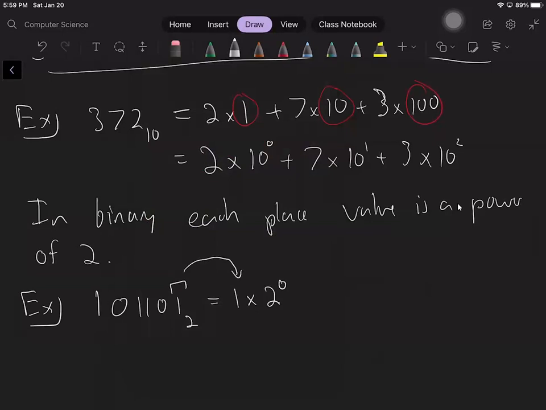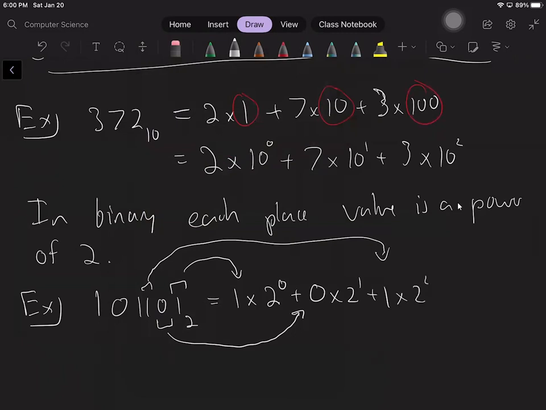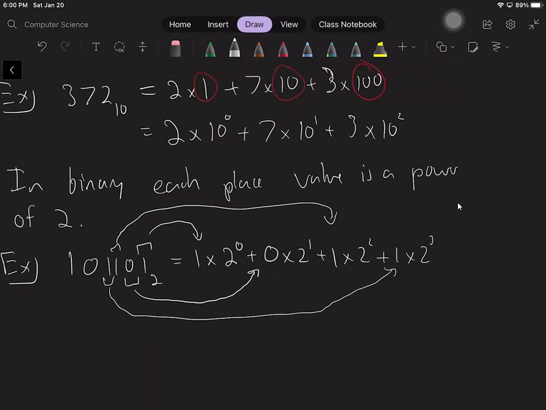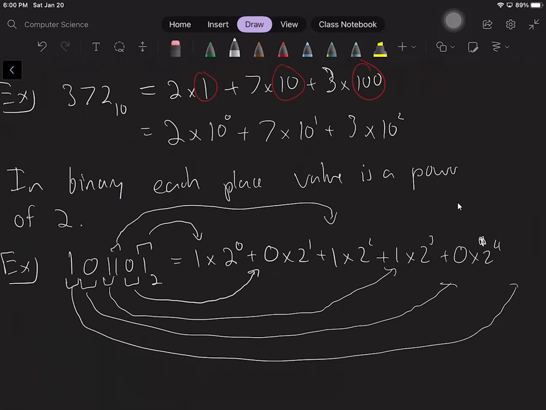That's where this is coming from. Then the next digit, you have 0 of the next power of 2. Then the next digit tells you you have 1 of the next power of 2. Then the next digit is another 1, so you have another 1 of the next power of 2. Then I'm running out of space here, but you have 0 of the next one. And finally, you have 1 of the 2 to the 5th.